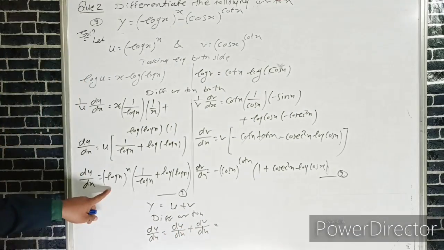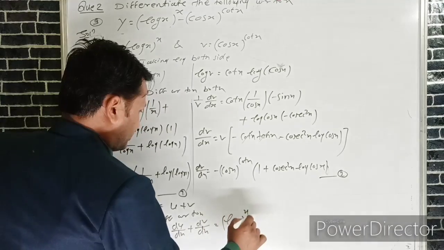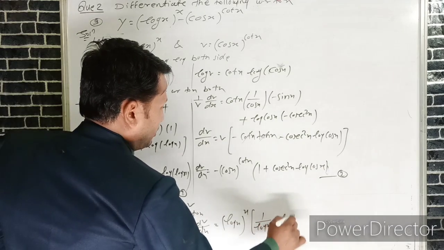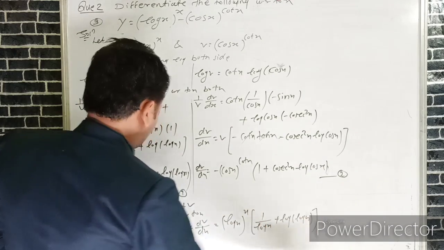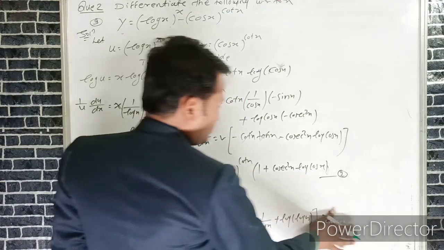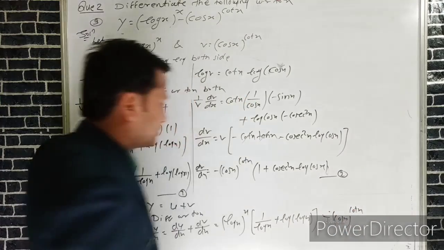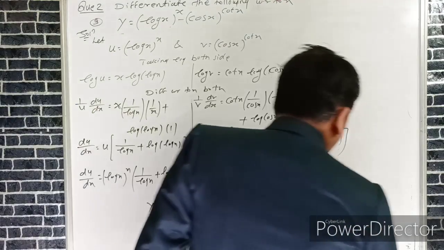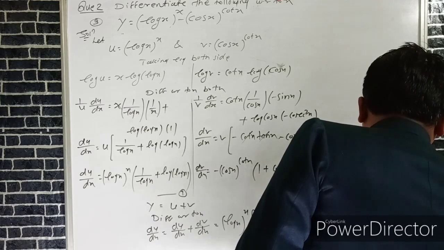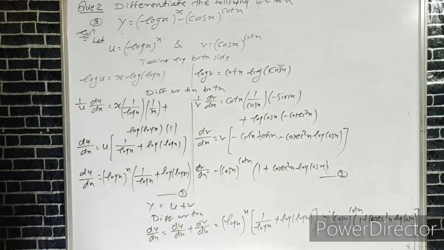The value of du/dx is (log x) whole raised to the power x into (1/log x plus log x), plus dv/dx is minus (cos x)^(cot x) into (1 plus cosec squared x into log of cos x), which is the required derivative dy/dx.